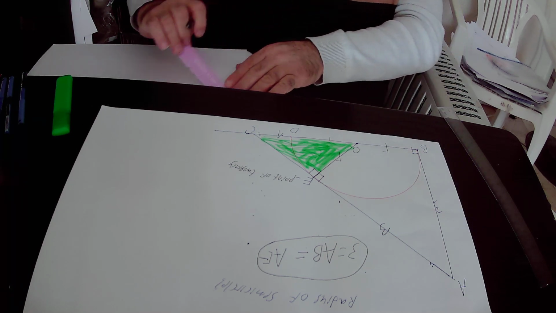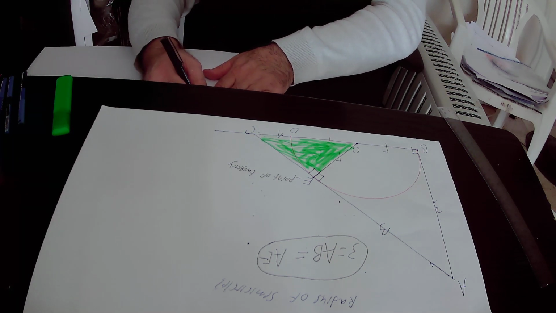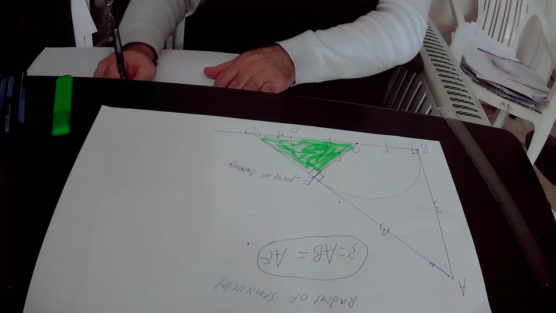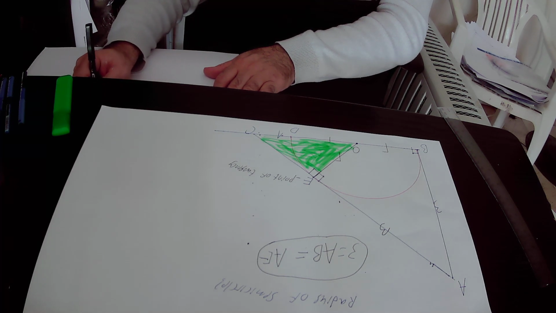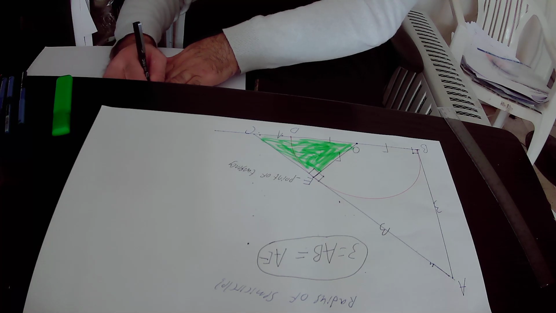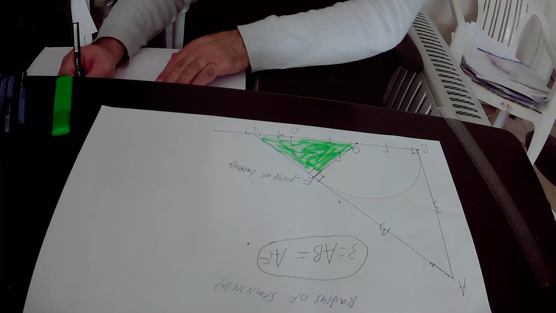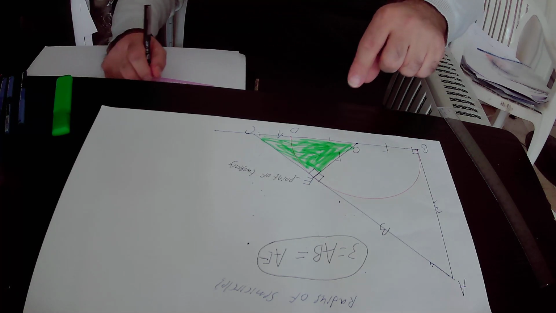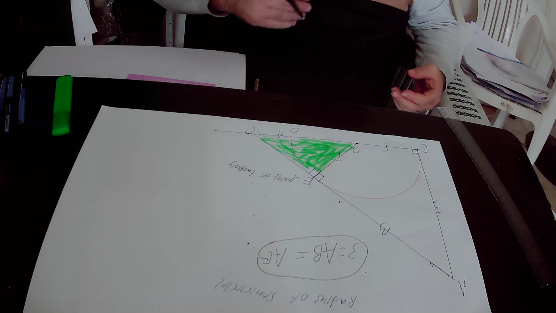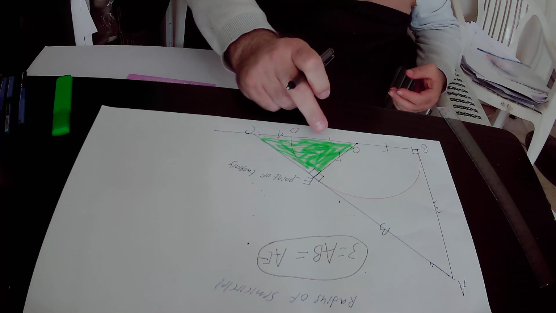In the right triangle OEC, according to the Pythagoras theorem, the square of the hypotenuse equals the sum of the squares of the perpendiculars in any right triangle, and especially in the right green triangle.